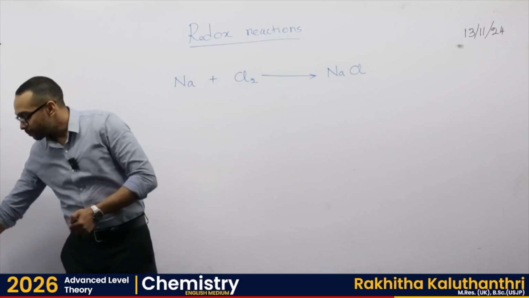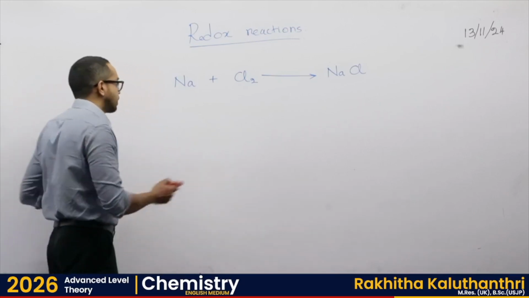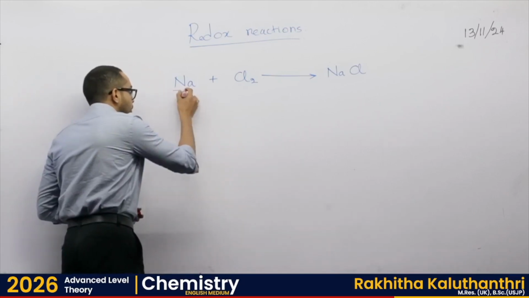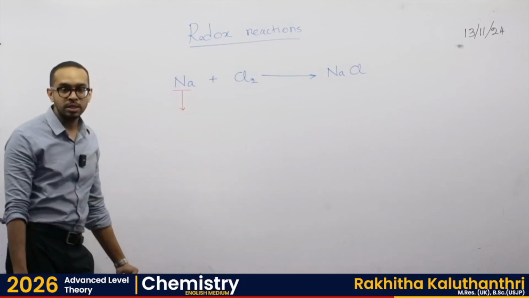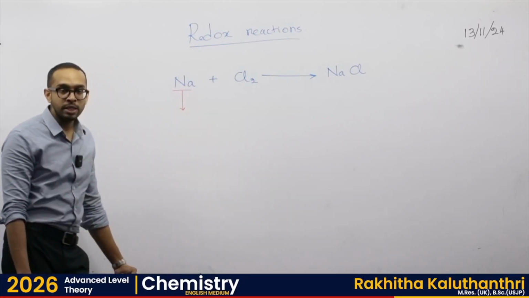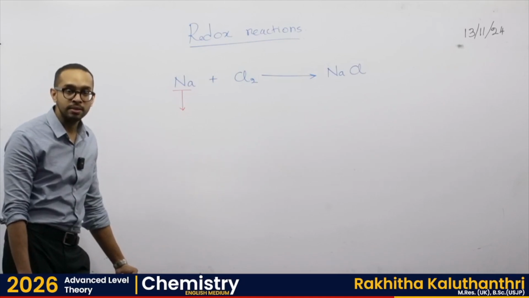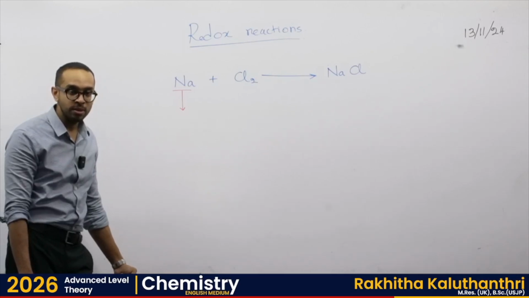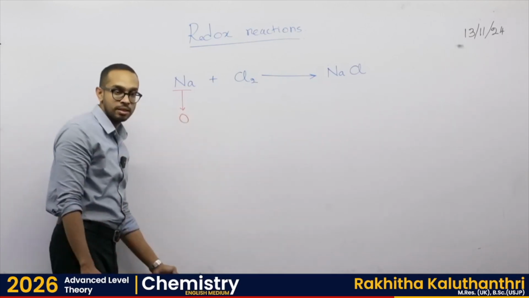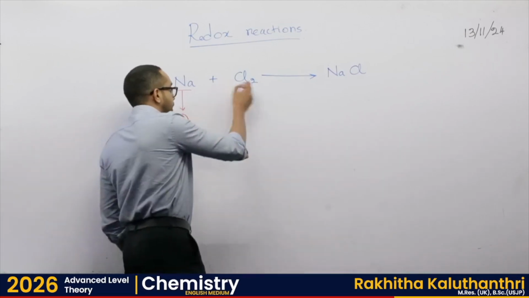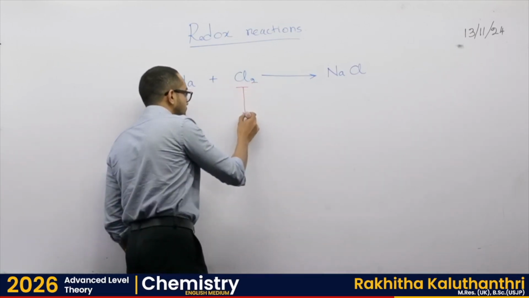So now tell me, what is the oxidation state of sodium when it is present as an element? Plus 1 or plus 2 or 0? 0. Elements will always have 0 oxidation state. So this is also an element, this is also having 0 oxidation state.